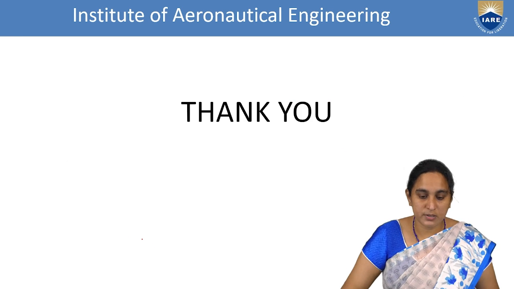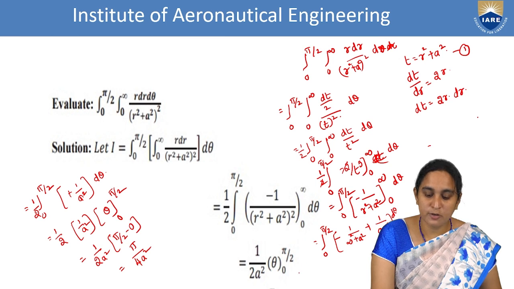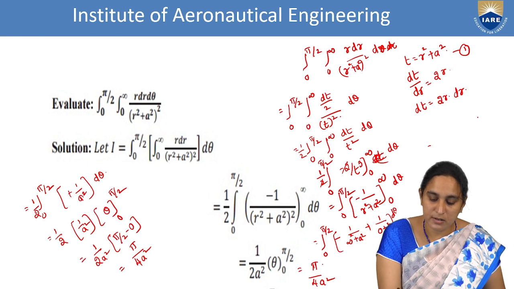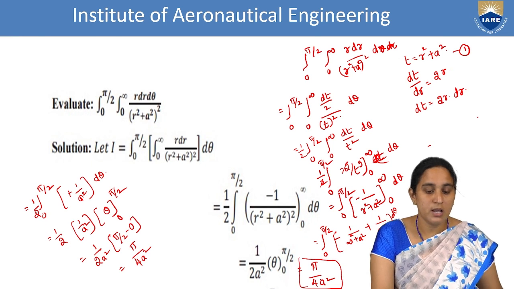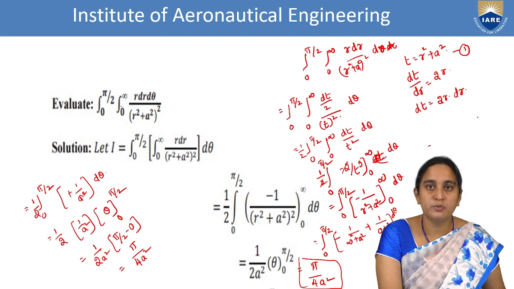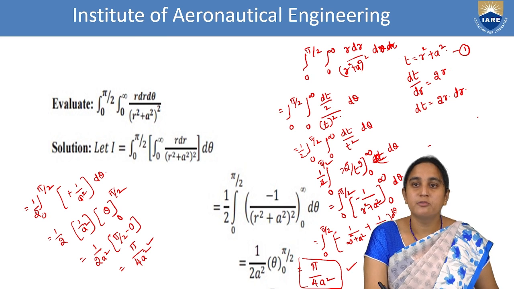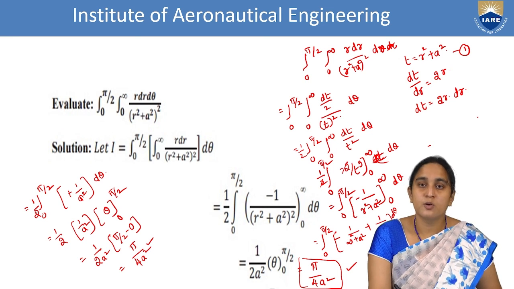Therefore the final answer for this third question, integral 0 to pi by 2, integral 0 to infinite r dr d theta by r square plus a square whole square, has the value pi by 4a square. This is the concept of converting Cartesian to polar form, and directly from the polar form we are calculating these questions.